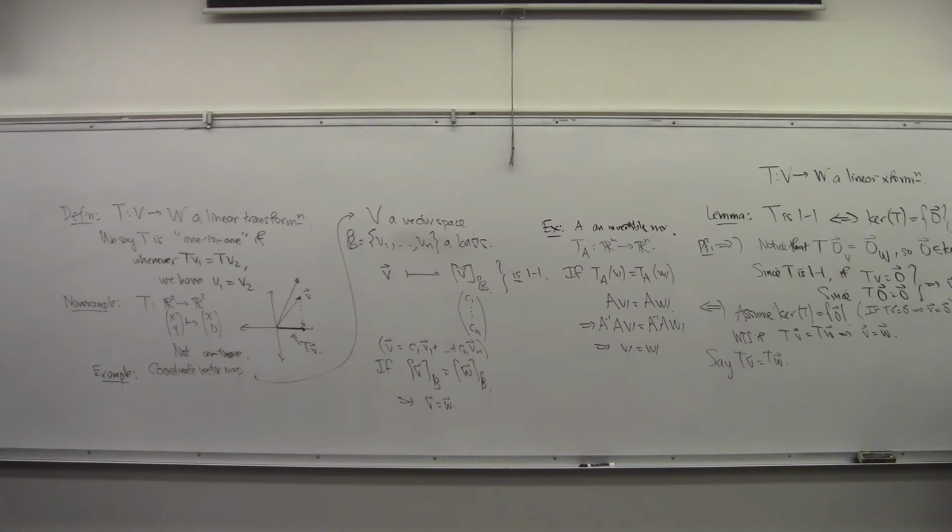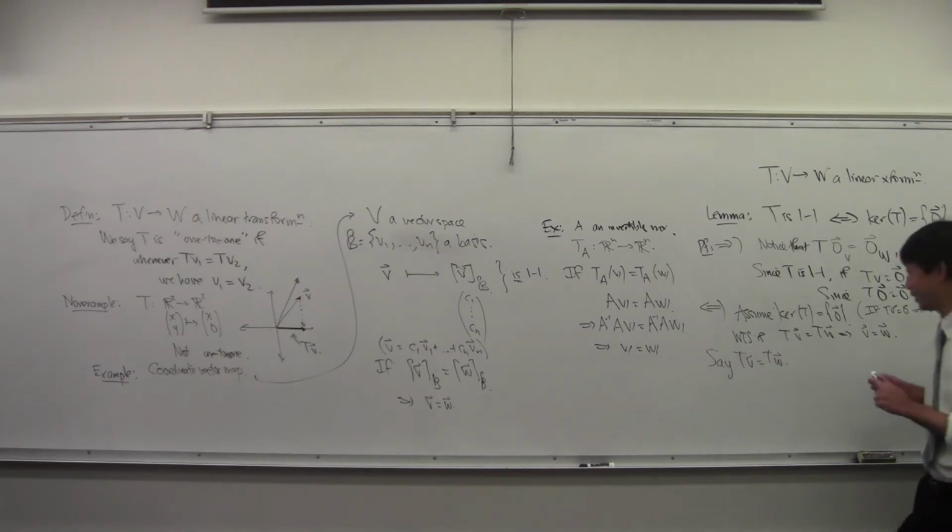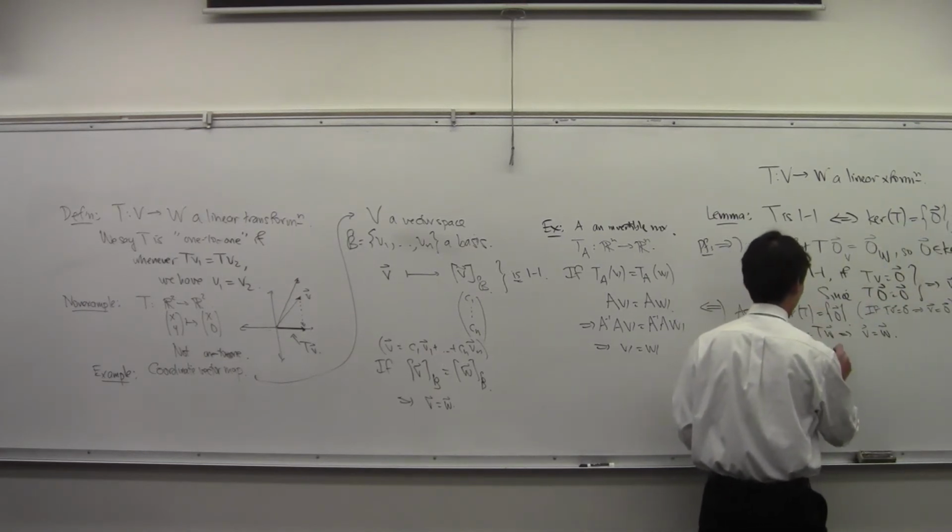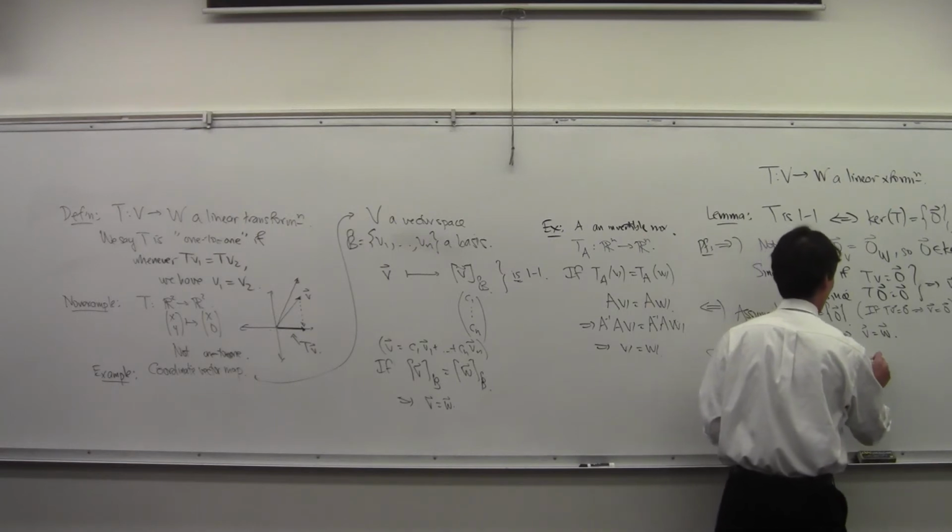Julia? Can we use that T of v minus v equals 0? Oh, you're so close. T of v, plus or minus T of w? Exactly. Then T of v minus T of w is 0.